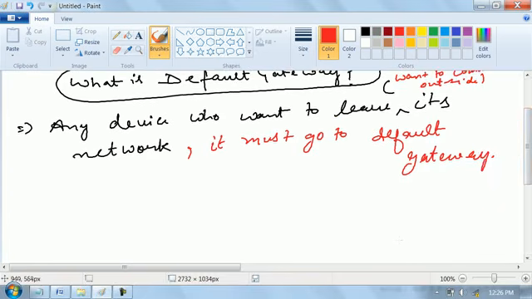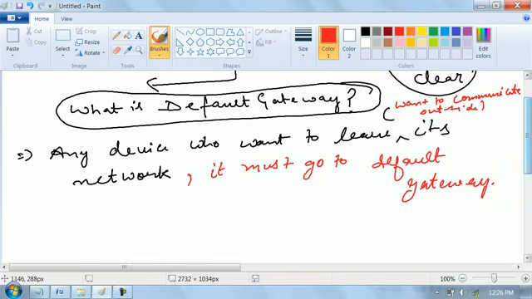Any device that wants to leave and communicate outside its network must go to the default gateway. What do you mean by this? Whenever a person wants to communicate outside his own network, he will go to the default gateway.